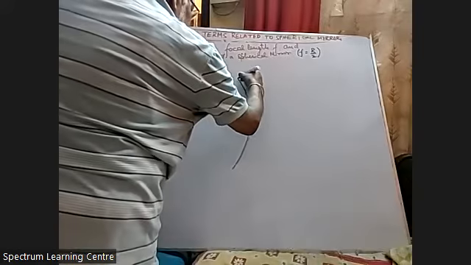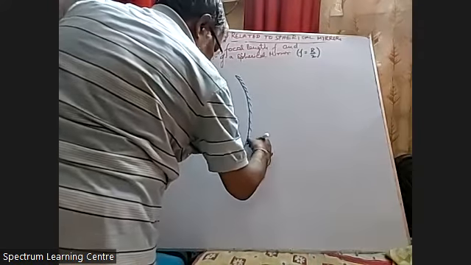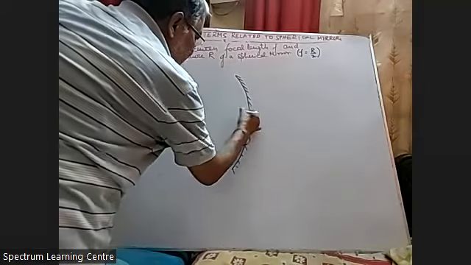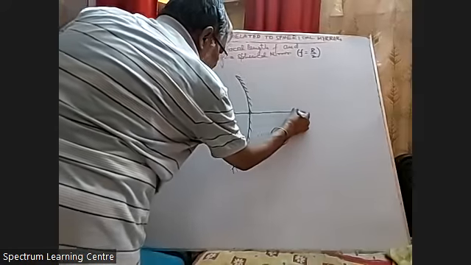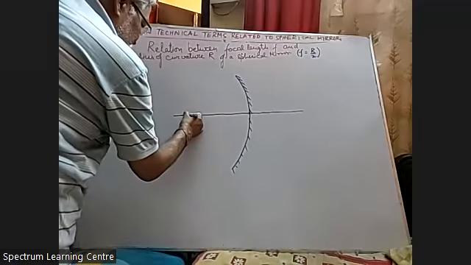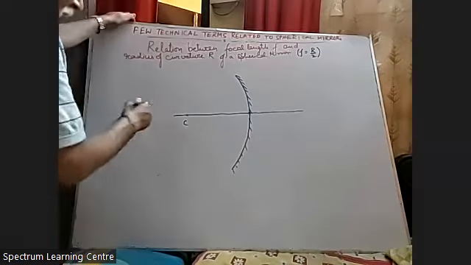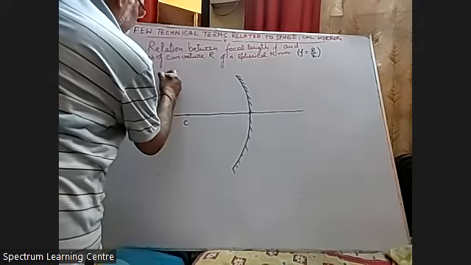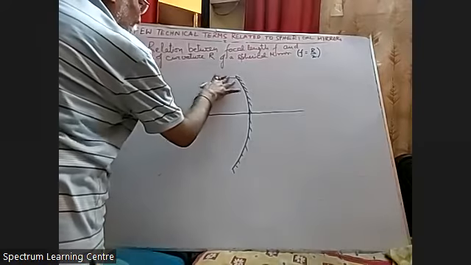Suppose this is a concave mirror, okay? And say this point is the pole, and say this is the center of curvature. Clear? Now, there is an incident ray which is parallel to the principal axis.